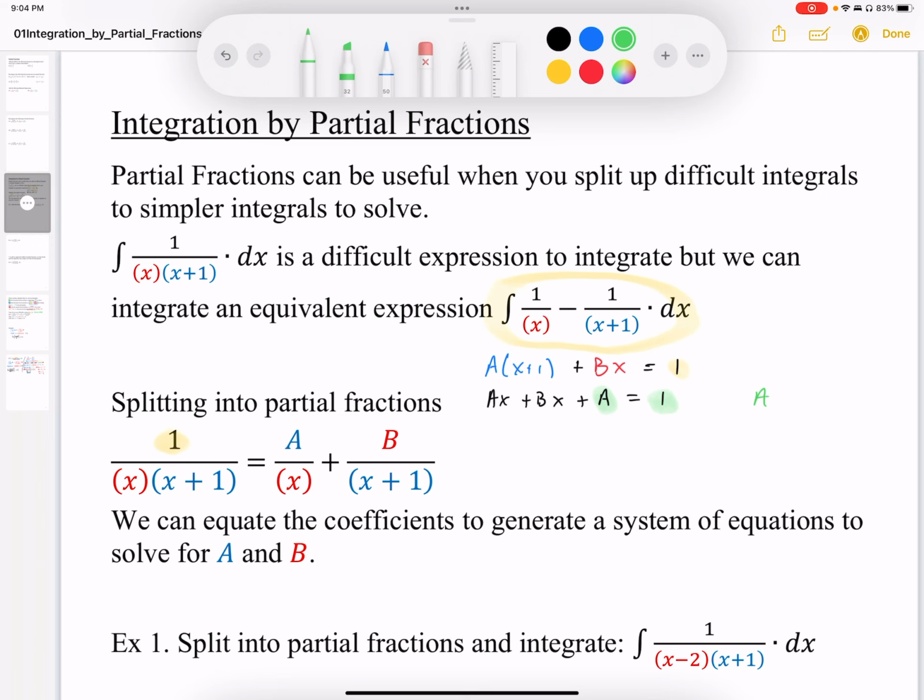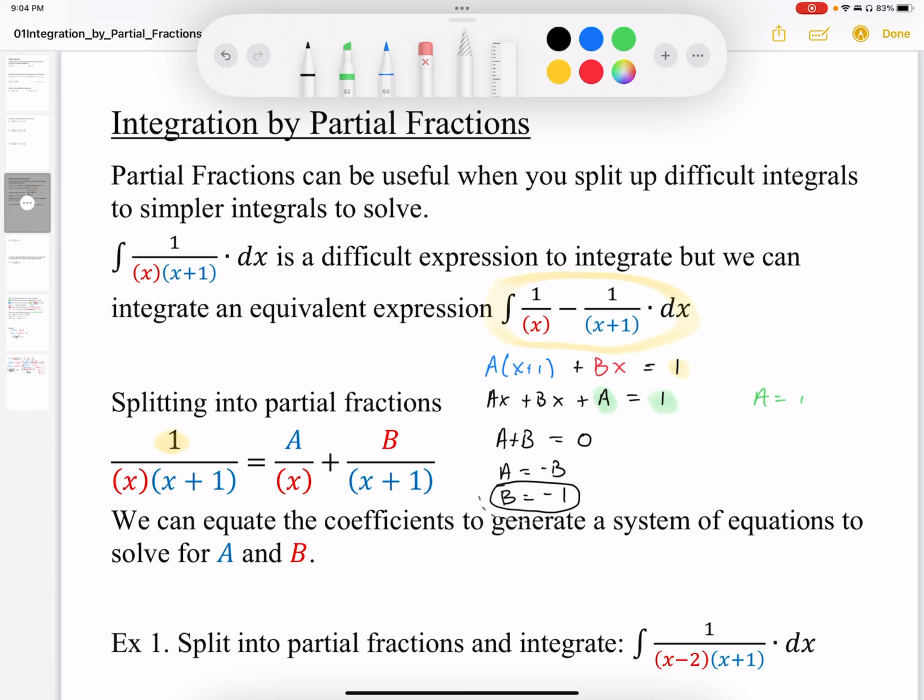And we know that a plus b must be equal to 0 because there's no x terms on the right-hand side of that equation. So solving this then, if a is equal to 1, b is equal to negative a, so b equals negative 1. So those are two parts now.